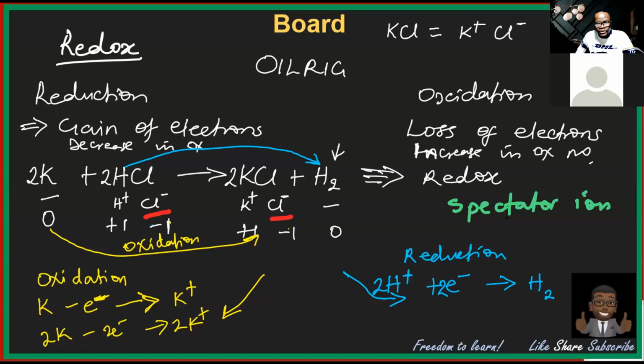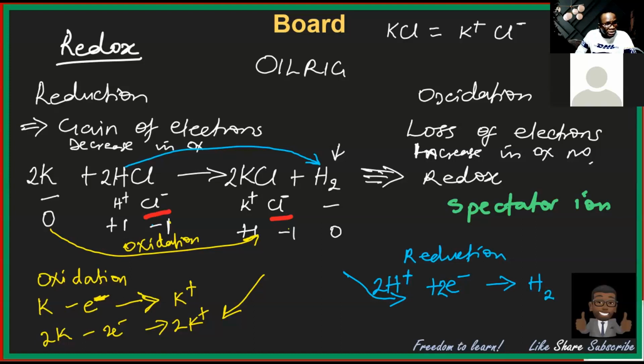Do you remember now? They are not changed. They are just onlookers in the reaction. A spectator ion is not changed in the reaction, especially its oxidation number. If it was -2 as reactant, it will be -2 as product. So that's a spectator ion.